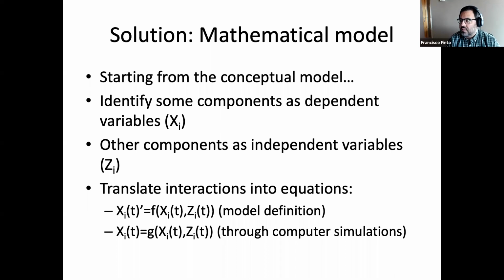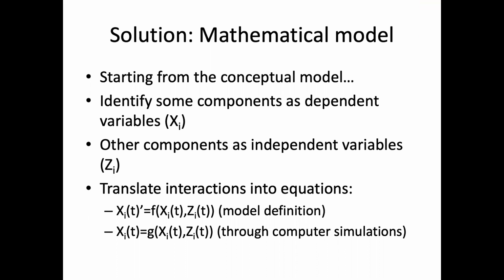It doesn't need to be a constant value, but the value of the light intensity is not going to be defined by the model. We are going to input that variation through time.